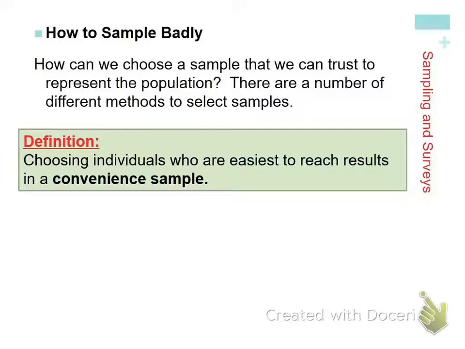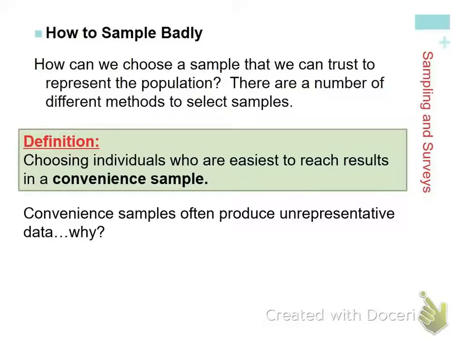Not very good because you're looking at talking to a lot of seniors, and they're going to have one point of view different from maybe freshmen, sophomores, and juniors. And so while it's easy to survey that particular sample, it's probably going to give you some fairly biased results, right?